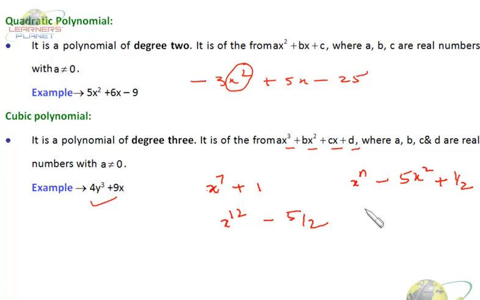If n is 2, then it is a second degree polynomial. If it is greater than 2, then it is an nth degree polynomial. So I hope you are clear with the degree of polynomials.